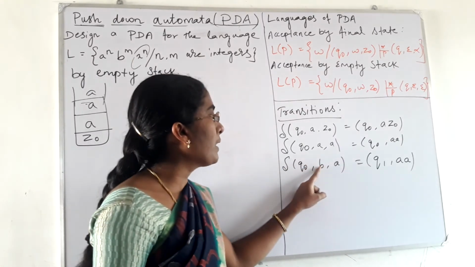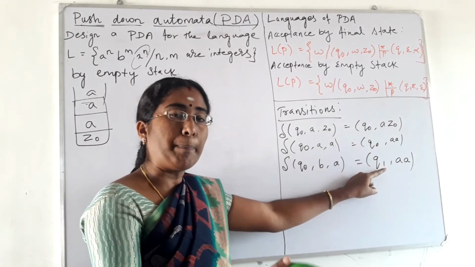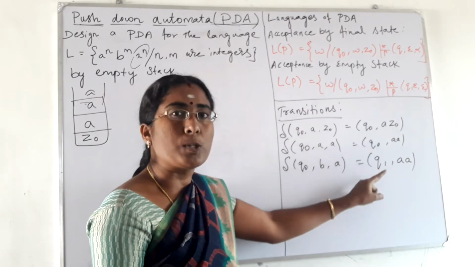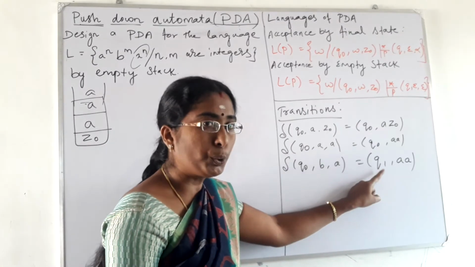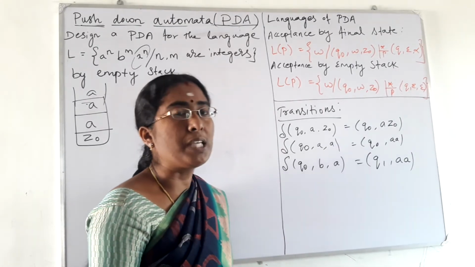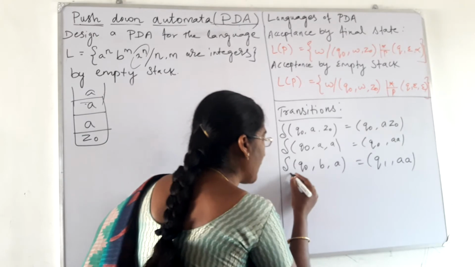If you are reading the symbol B, just change the state. That is for representing the change of input symbol. For that only we are changing the state from Q0 to Q1, but you should not change the content of the stack. So what will be the next transition?